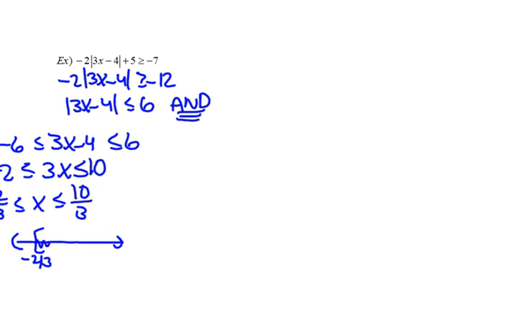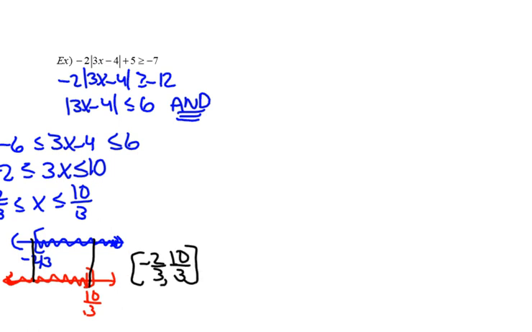That's the first part. And the second part is x is less than or equal to 10/3. Now that certainly makes sense because where do they overlap? Between the -2/3 and the 10/3. There's my solution. So any number in that interval would make that inequality a true statement.